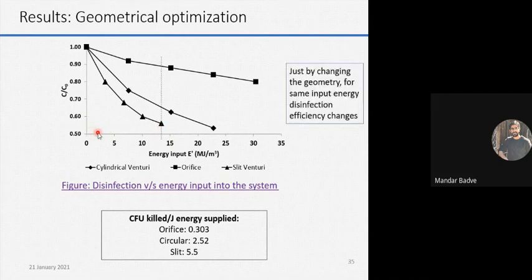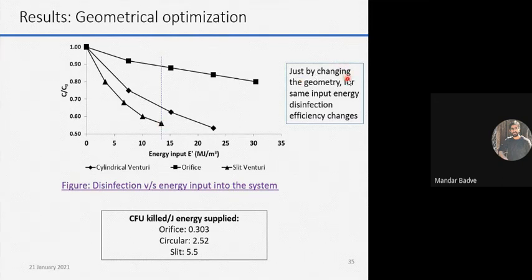Here also, which I think I explained already, let's say for an input energy of 14 megajoules per meter cube, just by changing the geometry, the disinfection efficiency you observed was different, right? The orifice is lowest, circular is somewhere in between, and the highest energy efficiency was observed for the slit geometry, that rectangular geometry, right?